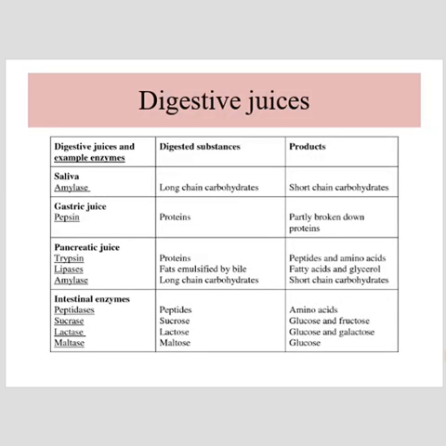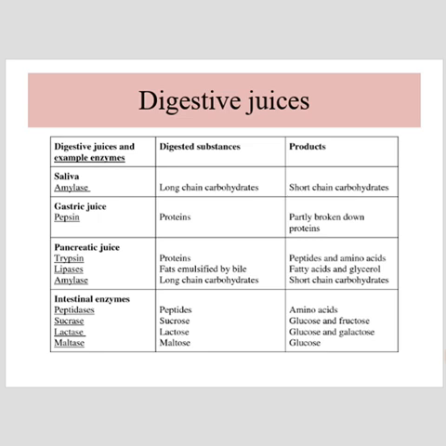So here we have the digestive juices, the digested substances for each, and what the product is. Saliva secretes amylase as an enzyme, which digests long chain carbohydrates to give us the product short chain carbohydrates.